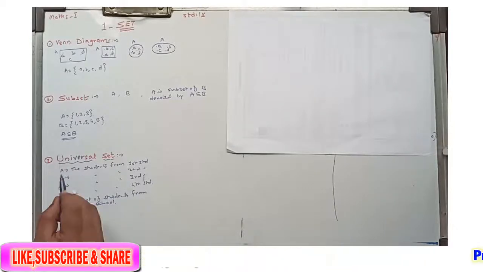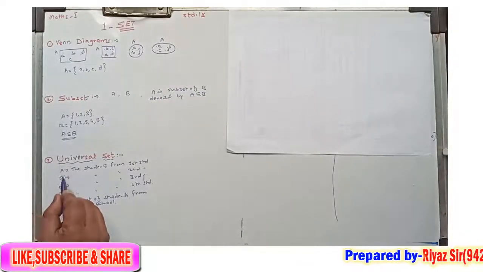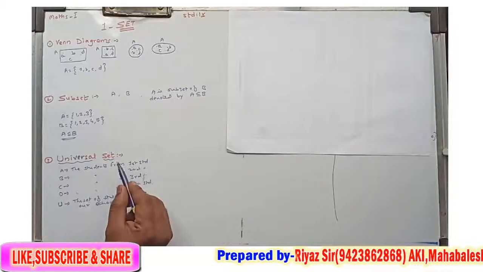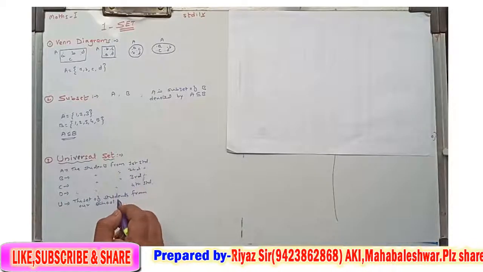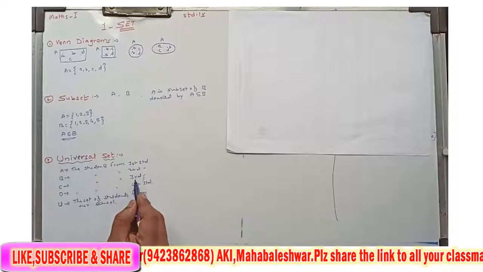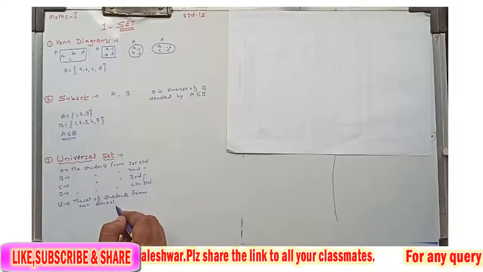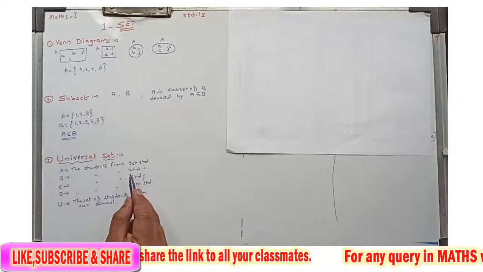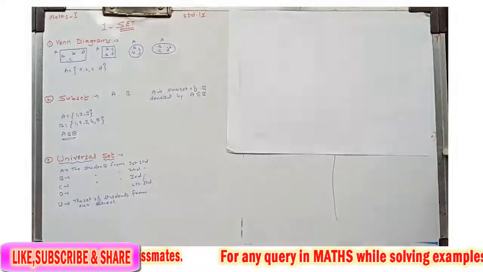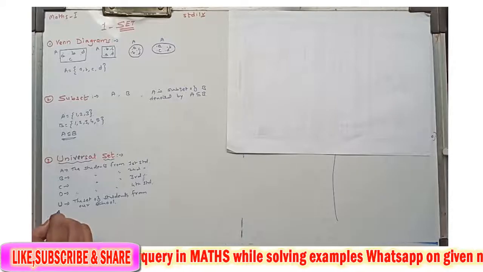All these sets, set A, set B, set C and set D, are subsets of this universal set, because the students from the first standard are also included in U, the second standard students are also included in U, third standard students are included in U, fourth standard students are also included in U. So all these four sets are included in the set U. So for this example you can consider set U as the universal set.